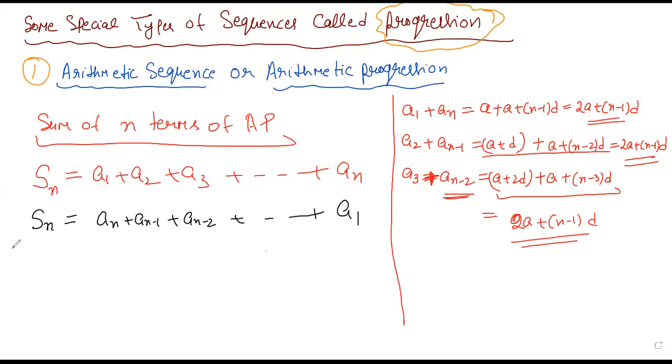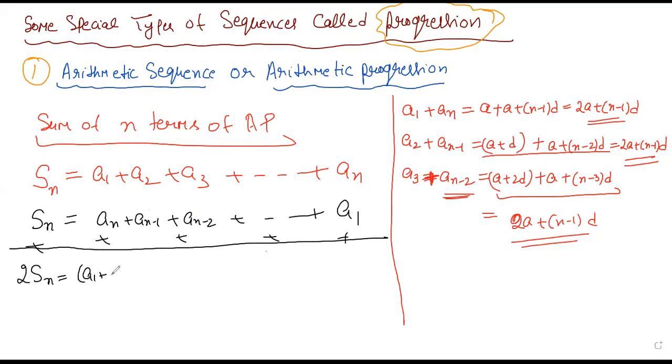Now add all of them, adding all the terms. So that is 2Sn, and here we are getting a1 plus an, here a2 plus a(n-1), here a3 plus a(n-2), and so on. At the last we are getting an plus a1.